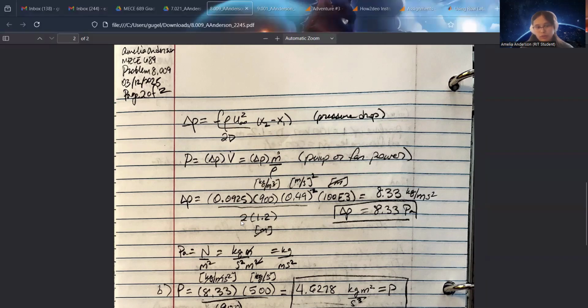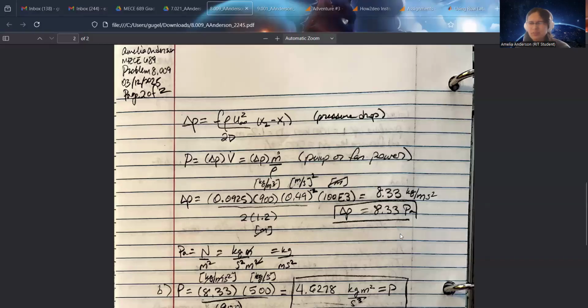If we calculate that pressure drop, that's actually not very much. We've got our kilograms per meter cubed, meters per second squared, so that's actually meters squared per second squared. The meters cancel, and we end up with kilograms per meter second squared, which is pascals. We double sanity check that over here.